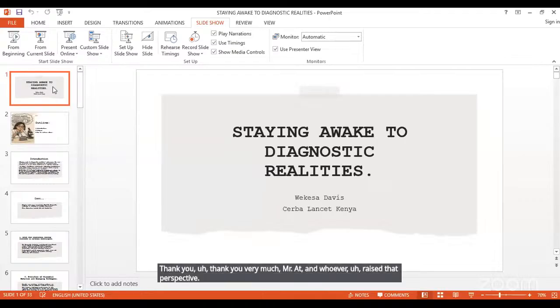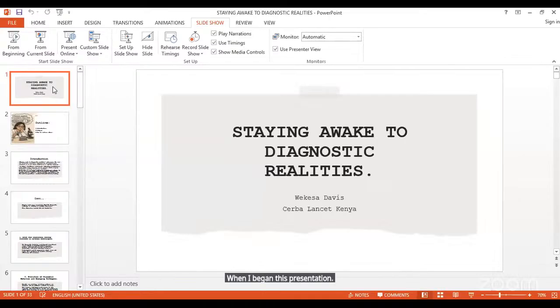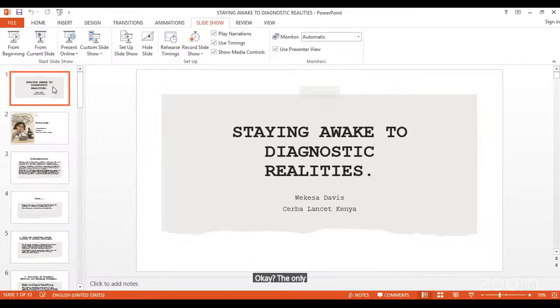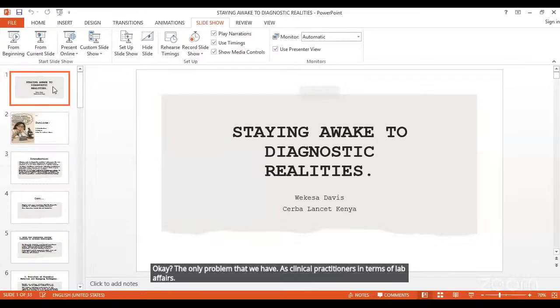When I began this presentation, I said some of these perspectives are not there to be given to you. Some of these perspectives are there because you can do ABCD. The only problem that we have as clinical practitioners in terms of lab affairs is we have found a system of staying behind the show.